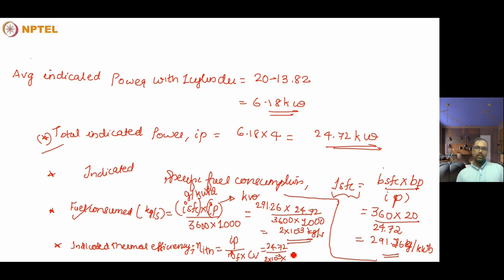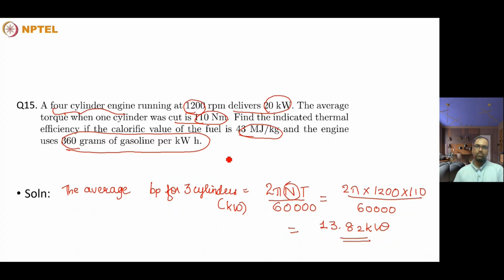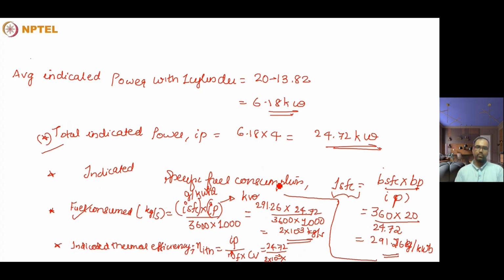Mass flow rate we found out as 2 into 10 power minus 3, and calorific value is given in this problem as 43 megajoule per kilogram, so it should be 43 into 10 cube. It will be coming around 28.74 percent.